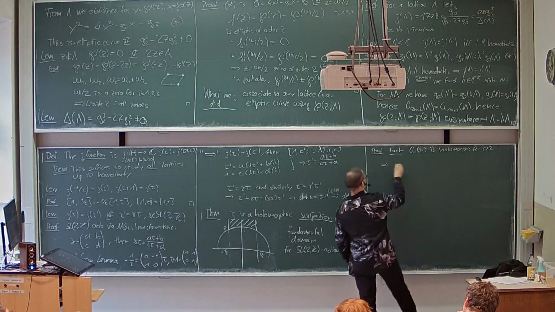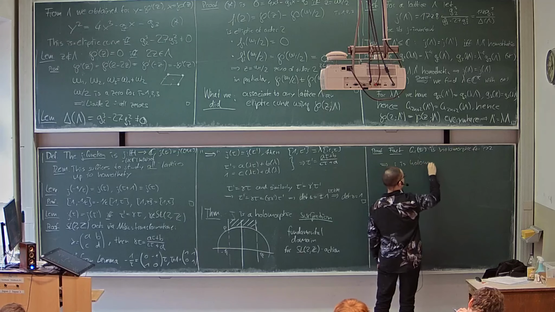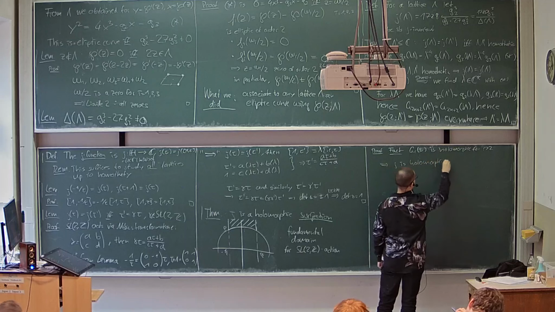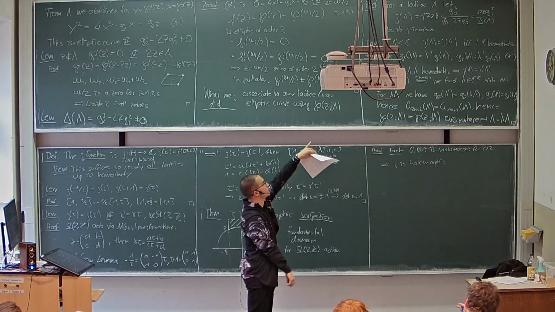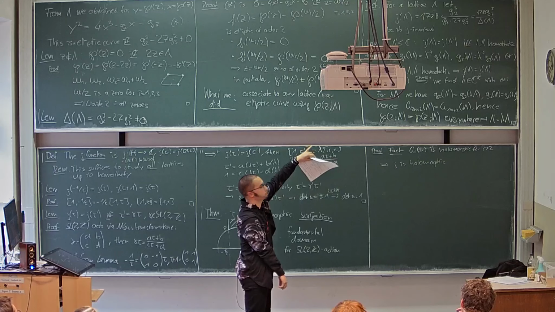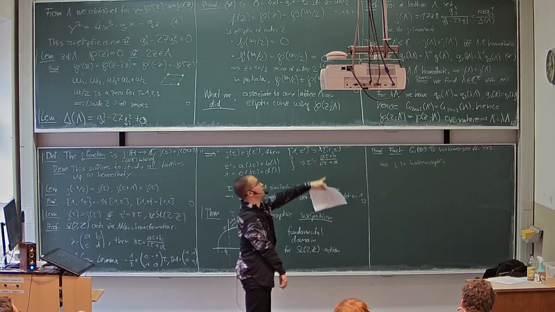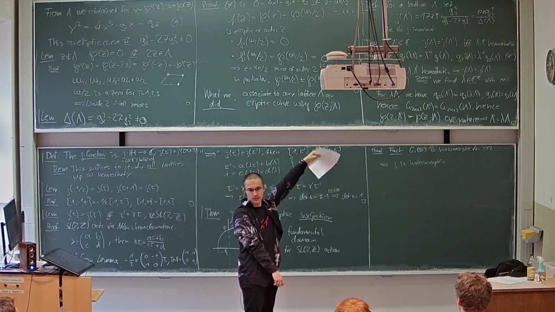So hence J is holomorphic, simply because it is the composition of holomorphic functions. The numerator is holomorphic by this fact, and the denominator, which is just a discriminant, is also holomorphic by this fact. And as the denominator vanishes nowhere, we get a holomorphic function.